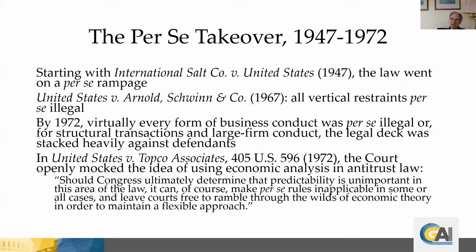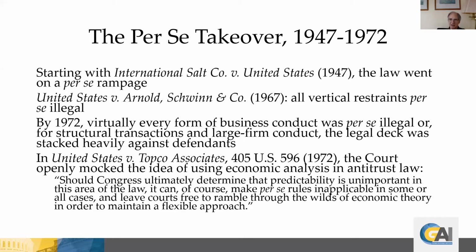In 1967, all vertical restraints were declared per se illegal in the Schwinn case. And by 1972, virtually every form of business conduct considered under the antitrust laws was either per se illegal, or for structural transactions and large firm conduct, the deck was heavily stacked against defendants.